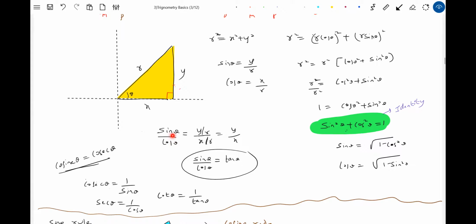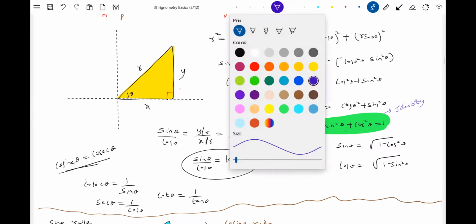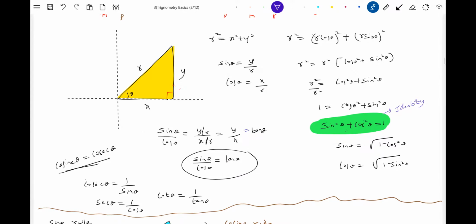It will be y by r by x by r, or y by x. How do you define tan theta? Tan theta is opposite by adjacent. So in place of y by x, I can write tan theta. Therefore the ratio of sin theta by cos theta will be tan theta.